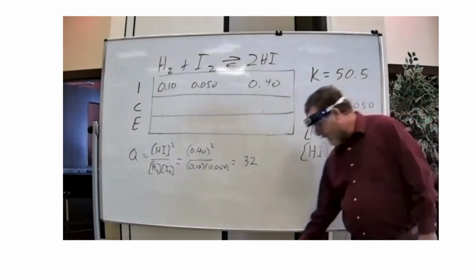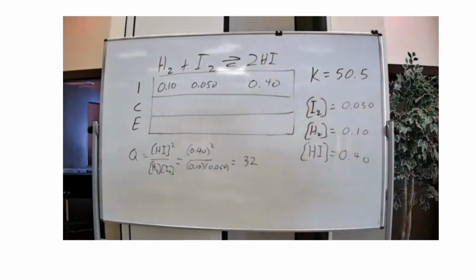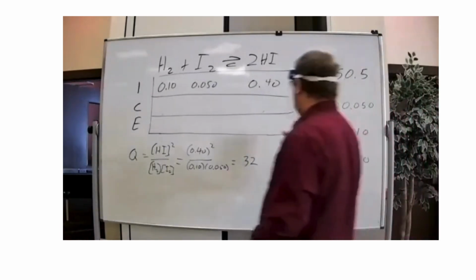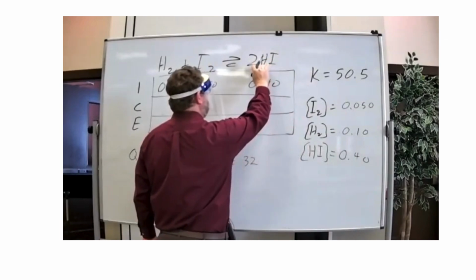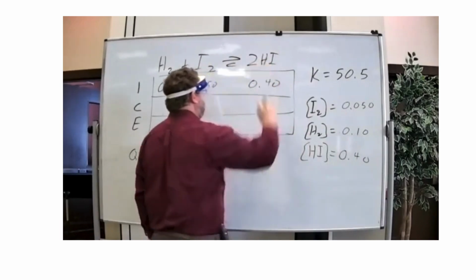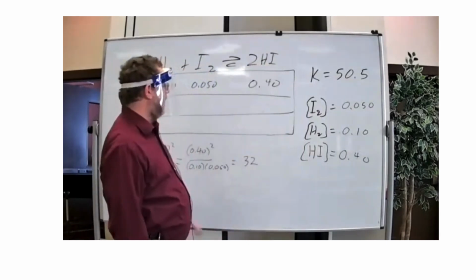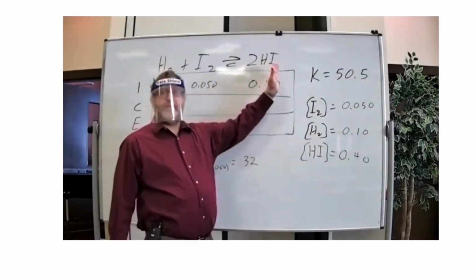Okay. Now, knowing the value of Q, is Q smaller or greater than our equilibrium constant? In this case, it's smaller. If it was greater, this side would be negative. But as it's smaller, it's going to shift to the right. If it's less than our equilibrium constant, it's going to shift to give us more product.